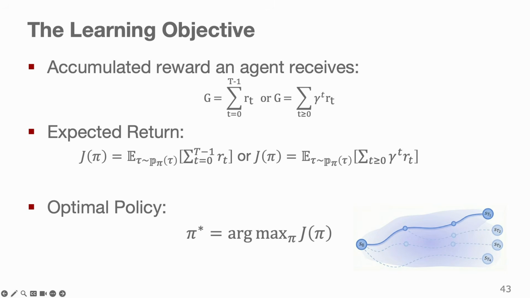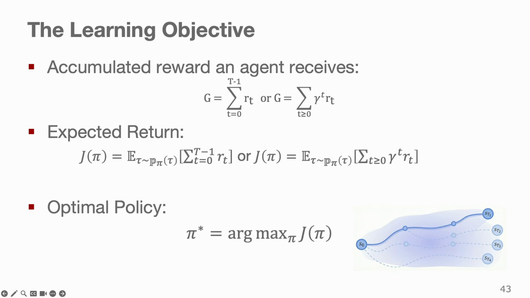Okay, this is the last slide. So putting all this together, this is the learning objective to finding optimal decision-making policies. So first, you can look here. This is the accumulated reward an agent might receive for either the finite or the infinite horizon over its lifetime. So you can think of just the sum or the discounted sums of the agent.